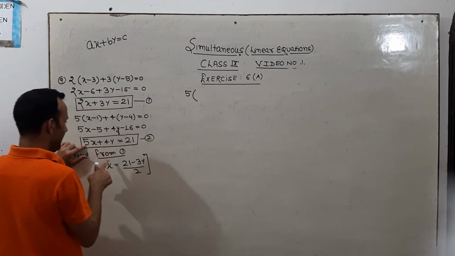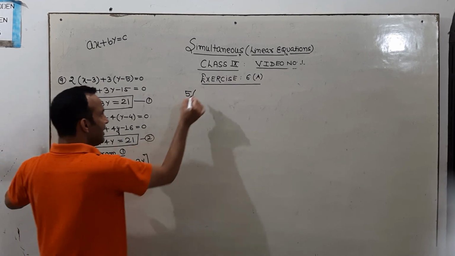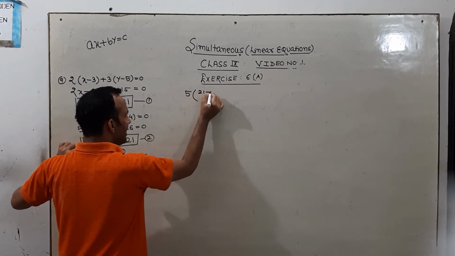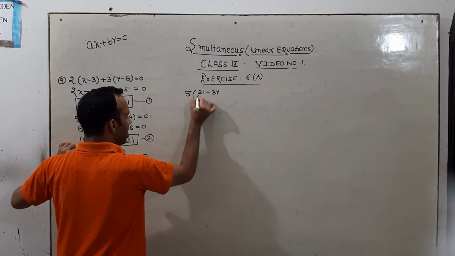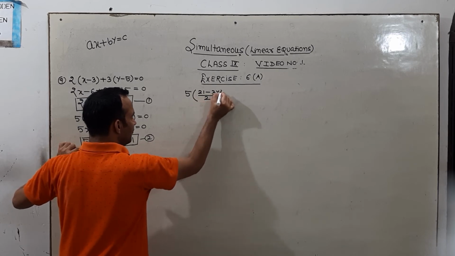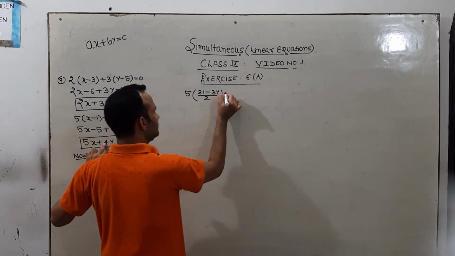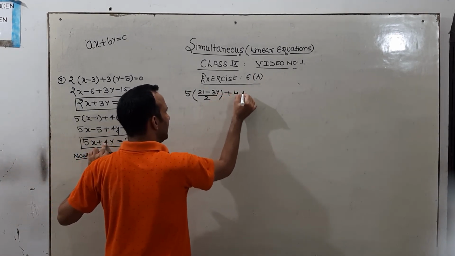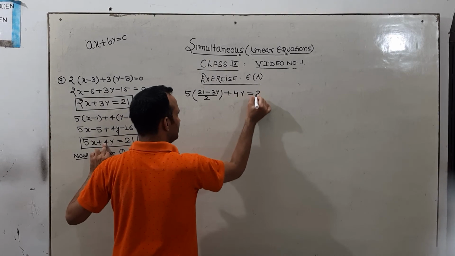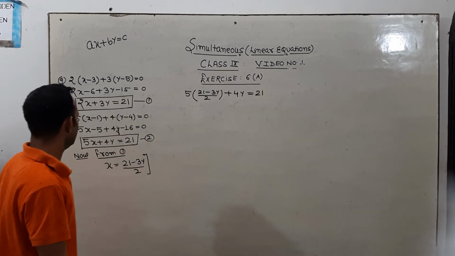5x. X is what? 21 minus 3y upon 2. Okay? Plus 4y is equal to 21. Okay?